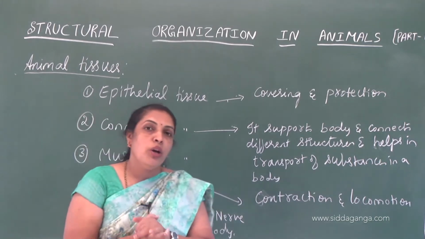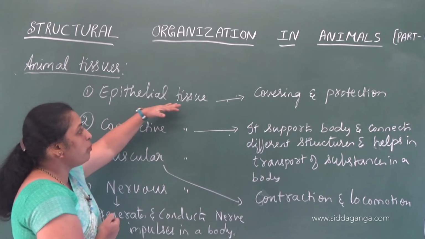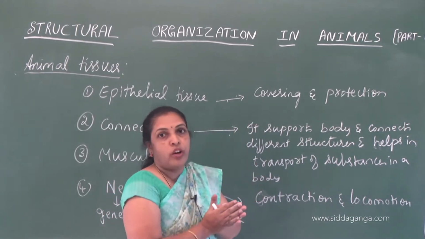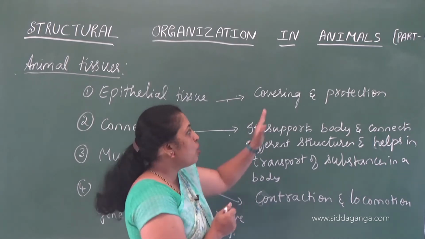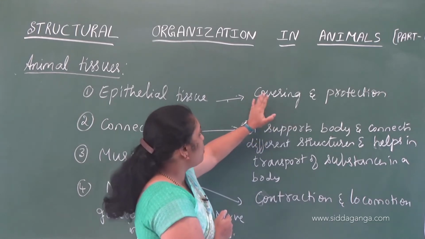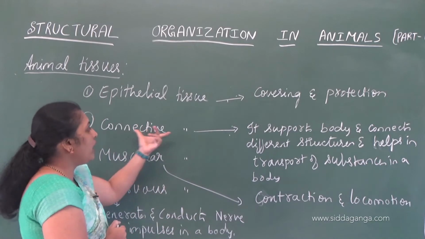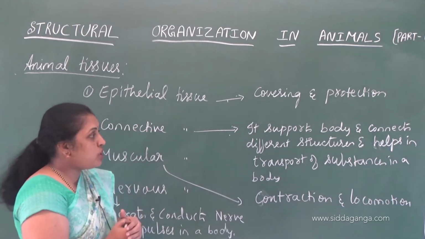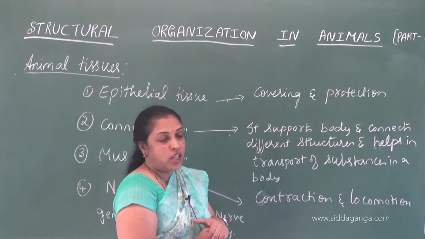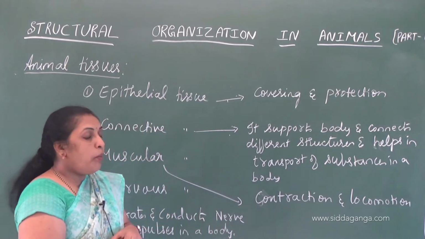Understood? So, under animal tissue, we have 4 types of tissues. What's the function of epithelial tissue? Its main function is covering the body or covering of organs, and by doing that, it helps in protection of our body. So, covering and protection is the main function of epithelial tissue. Connective tissue supports the body, connects different structures in the body and helps in transport of substances in the body, like blood.